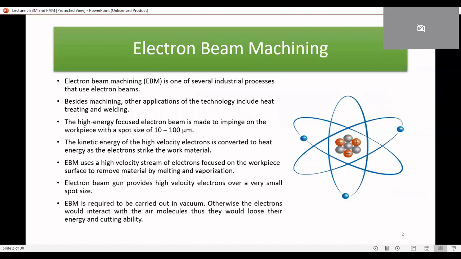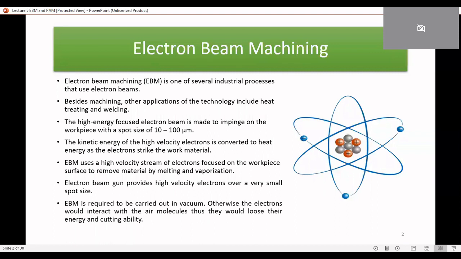This particular machining process actually uses an electron beam for the material removal process. If you remember when we covered the EDM process, electrons were also involved, because what you do is basically apply a bias between the electrode and the workpiece material.